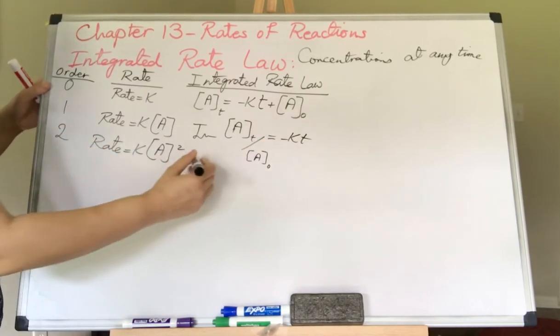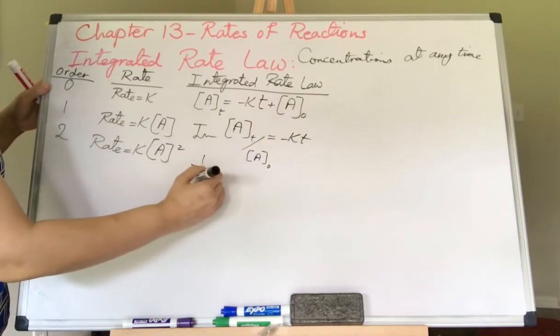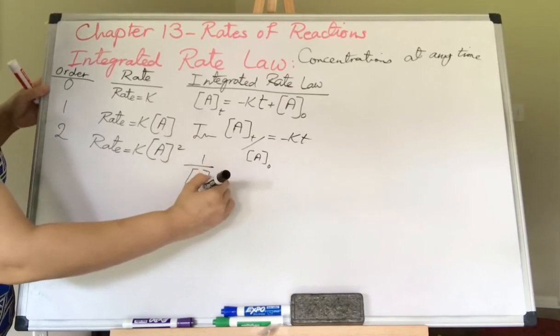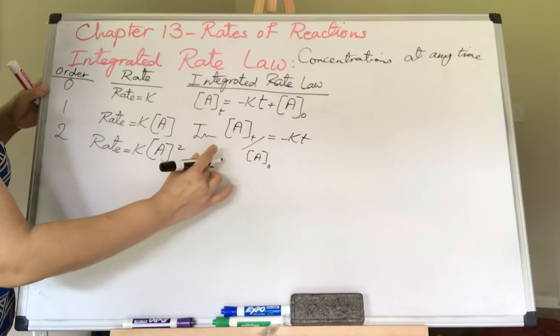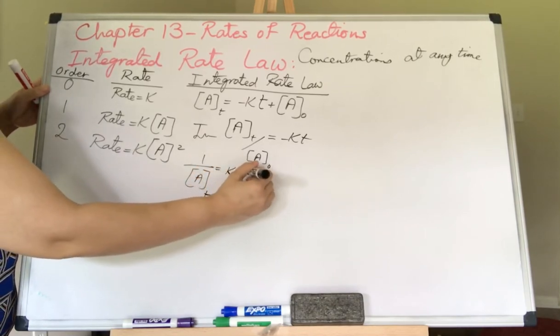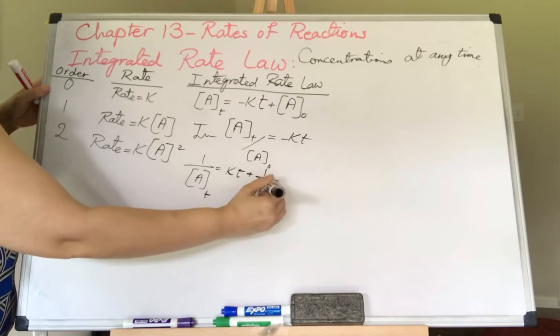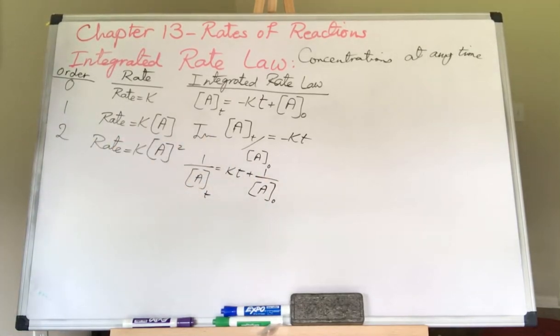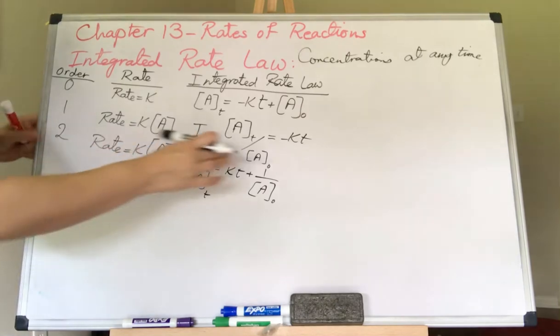And for second order, you have inverse of AT at any time is KT plus 1 over A0. So let's work on a question to see how we use these equations for working on our problems.